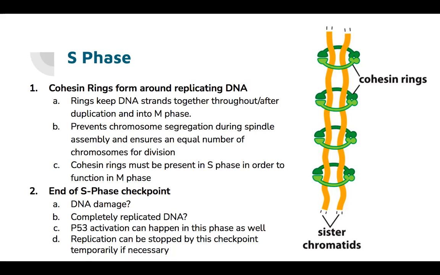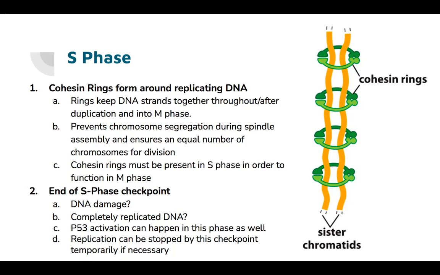And so at the end of the S phase checkpoint, there's 4 things that the cell wants to make sure. It wants to make sure that there's no DNA damage, right? And it wants to make sure that DNA is replicated completely. Those are the 2 big things, because again, an unequal amount of DNA, too much or too little, is very disastrous.